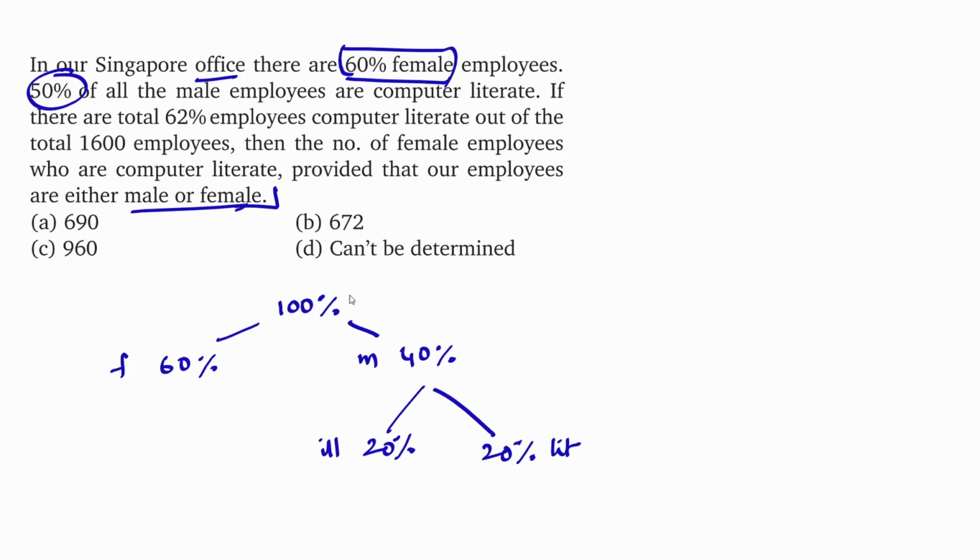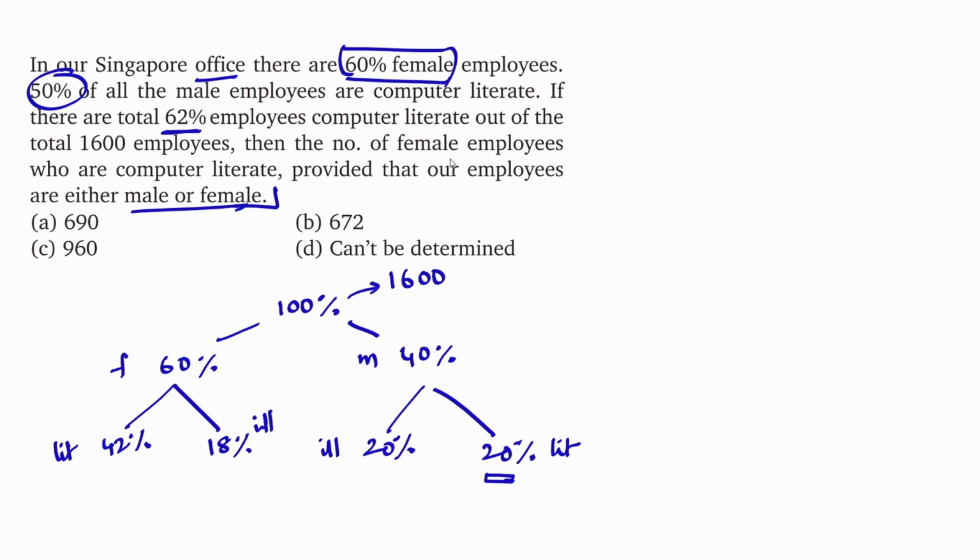But it's also given that the total, the 100%, is 1600 employees and 62% of all the employees are computer literate. So if we take away the 20%, we remain with 42% of the total as literate females, and the rest, whatever it is, that's 18%, as illiterate.